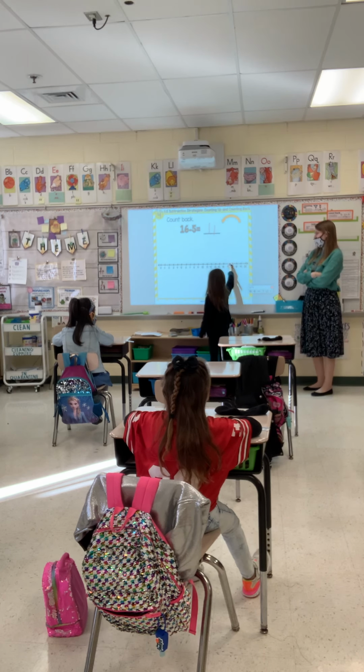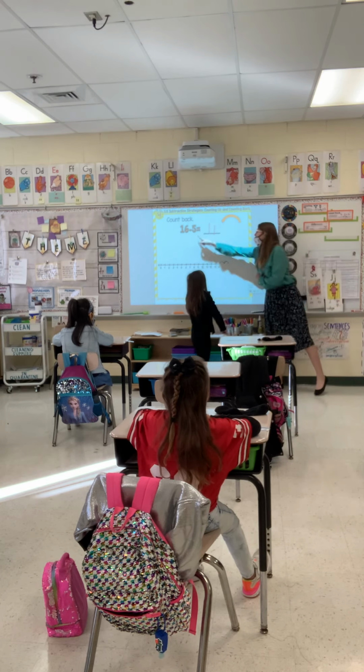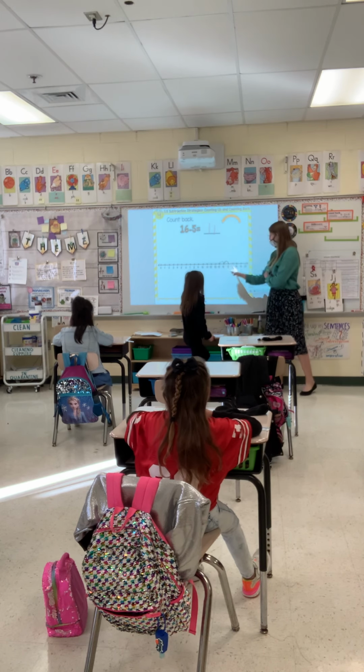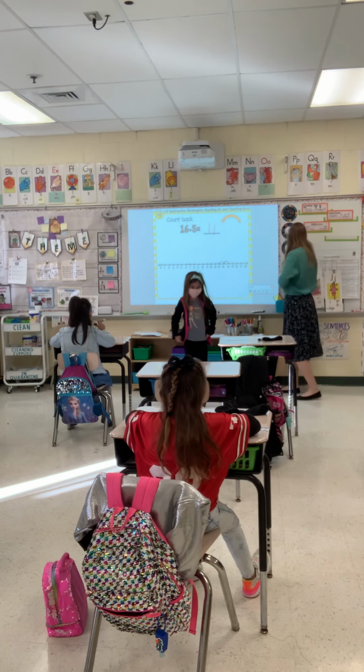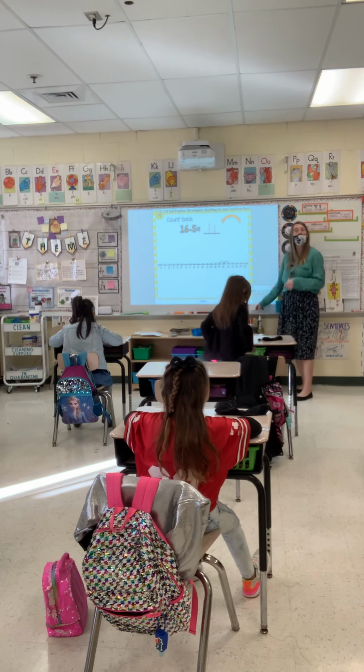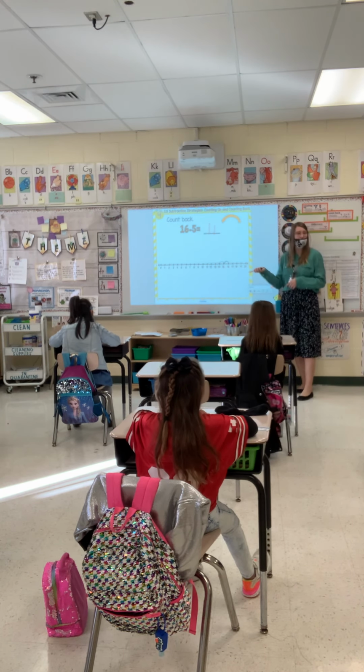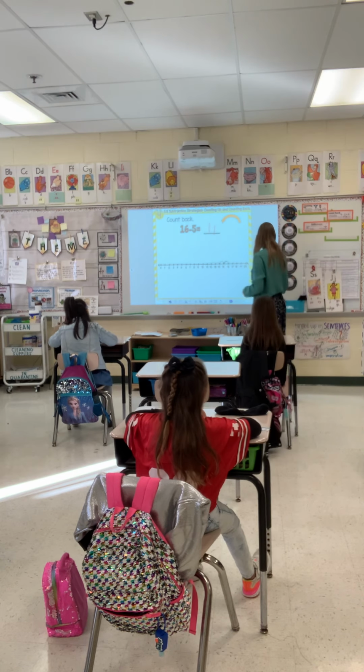Okay, so she found 16 first. So there's your number. Go ahead, you can do your hops. 1, 2, 3, 4, 5. Taking away 5. So she did 5 hops to 11. Thank you so much, Sophia. Awesome job. Does everyone agree? Anyone get anything different? No? Alright, I'm proud of y'all. Good job.